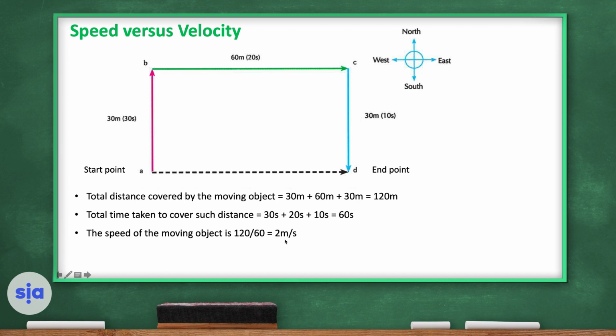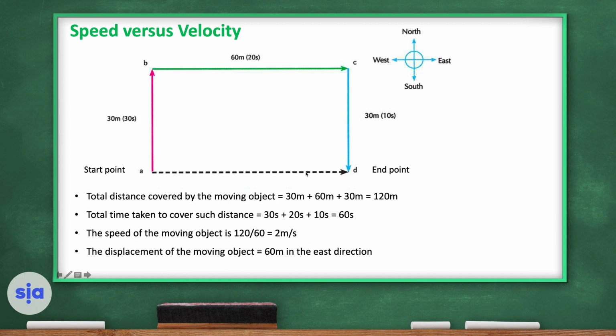This is the speed. But when I want to talk about the displacement of the moving object, it's just a straight line. It's not the actual covered distance. It's a straight line directly from the starting point till the end point, which is 60 meters in the east direction.